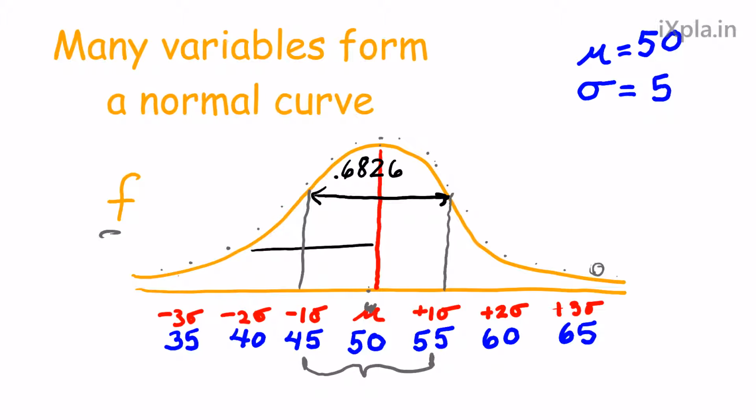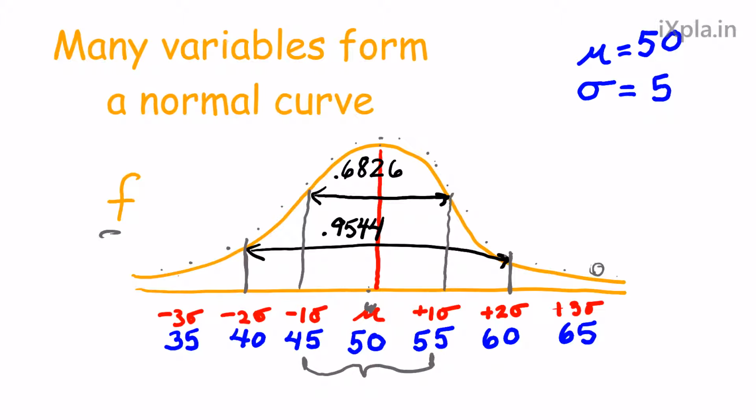Furthermore, the area between 2 standard deviations below the mean and 2 standard deviations above the mean is equal to approximately 95% of the entire curve. So you can see most scores are really tucked in the middle. More than half are between 1 standard deviation below and 1 standard deviation above.